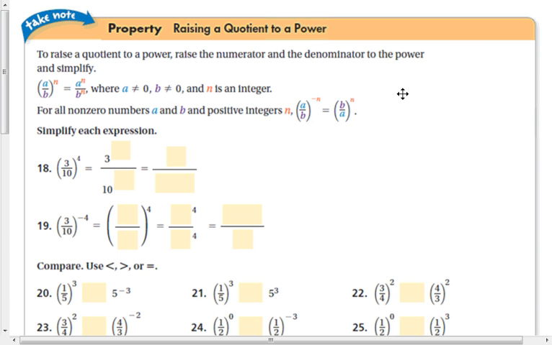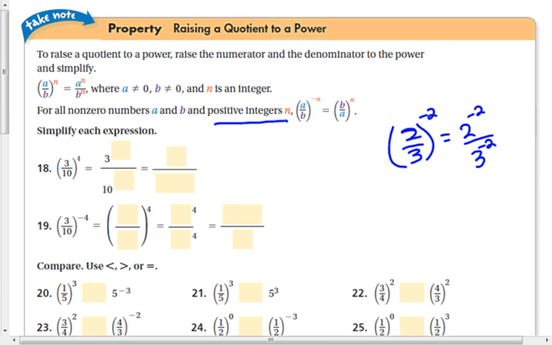Okay. And one other thing here, for all non-zero numbers a and b with positive integers n, a over b to the negative n is equal to b over a to the n. And let me show you why that would be true. So let's say we have 2/3 to the negative second. Well, if we remember from what we did earlier, that's the same as 2 to the negative second over 3 to the negative second.